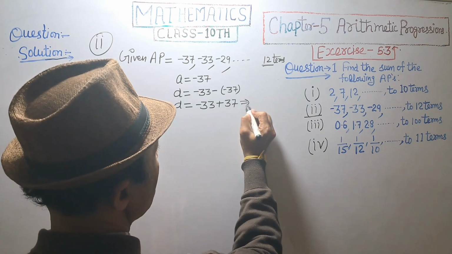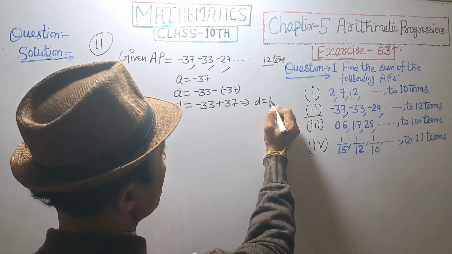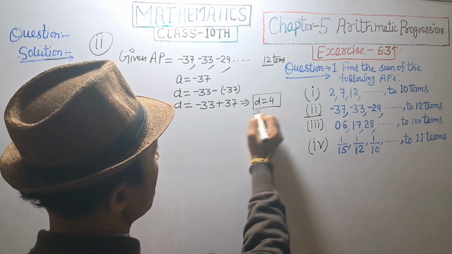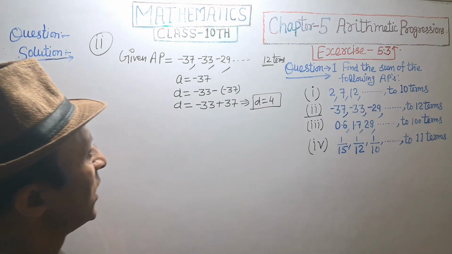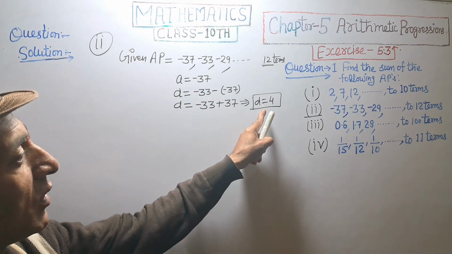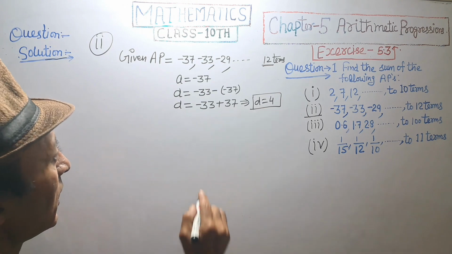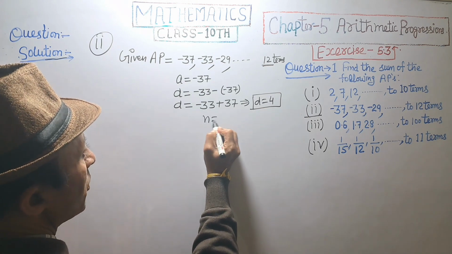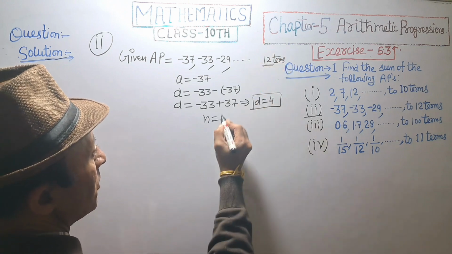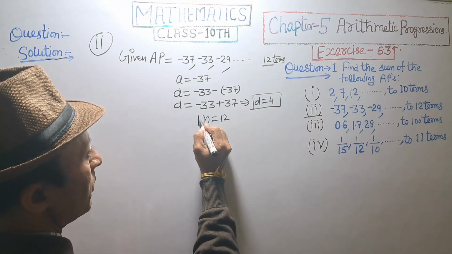This implies D is positive 4, its common difference. A is minus 37 and common difference is equal to 4, and n is equal to 12th term, means n is equal to 12.